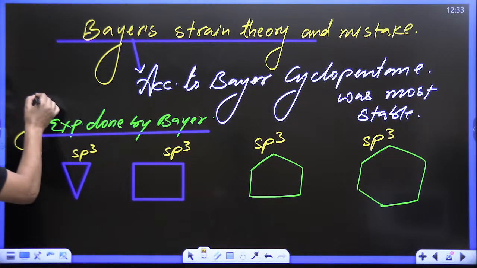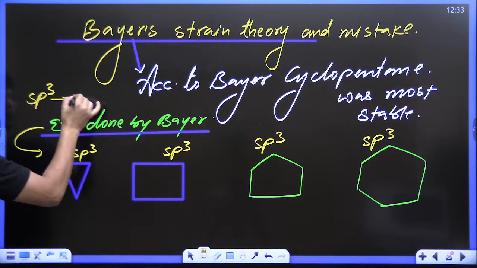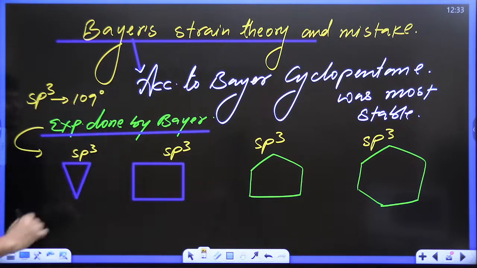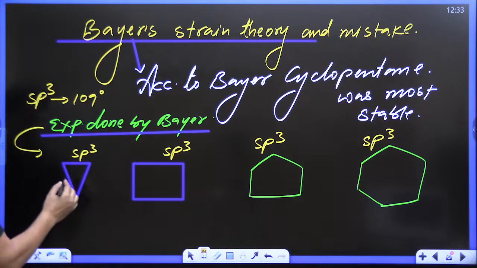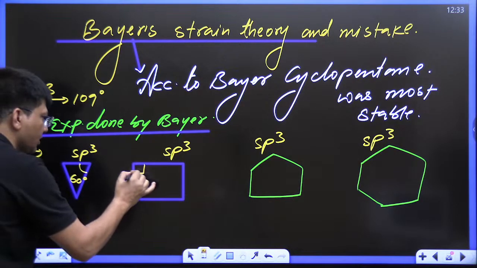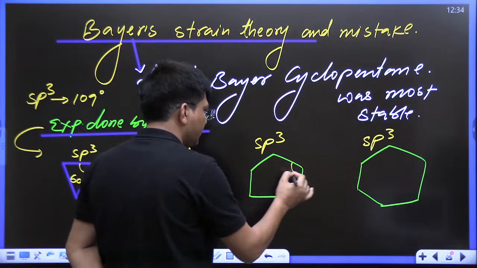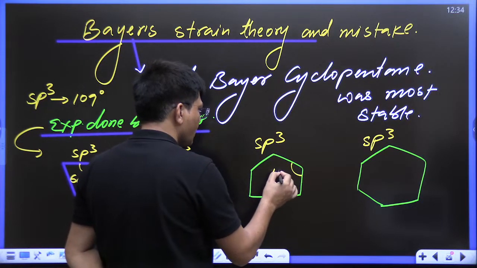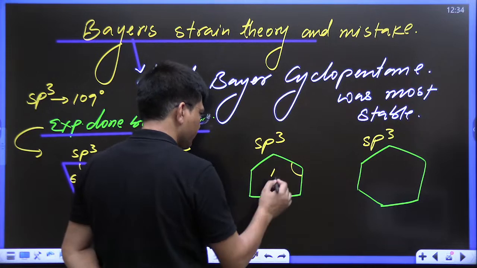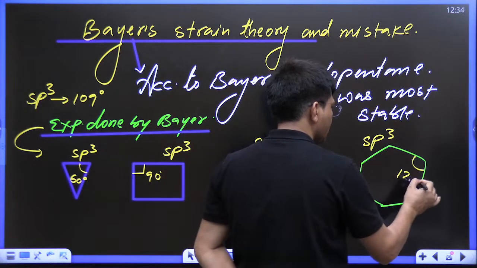If anything is sp3 hybridized like carbon, the expected bond angle is 109 degrees. But if you apply maths, this comes out to be 60 degrees, this 90 degrees, this 108 degrees, and this 120 degrees.